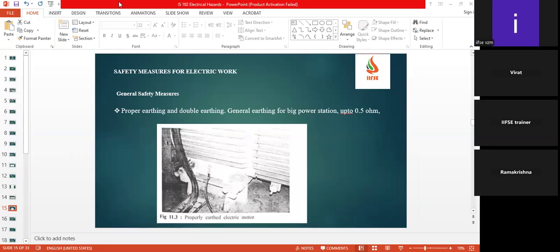Static is not generated, sir, that's why it is properly connected to earthing. Okay. If it is not connected, what will happen? It's a direct flow through the body, sir. Body to earth. If somebody touches any equipment and the conductor or the body is not earthed, we will become a part of the circuit. We will get the electric shock. Okay.